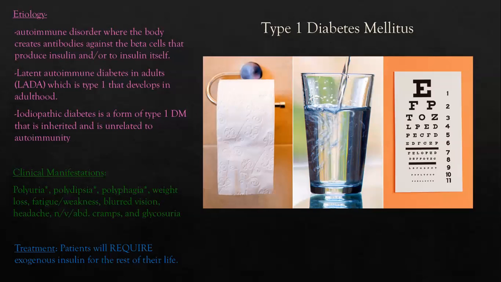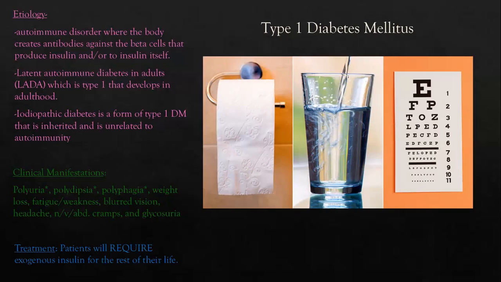This used to be known as juvenile diabetes because it tends to happen when people are younger. Then they found there is something called latent autoimmune diabetes in adults, LADA. That is type 1 diabetes that occurs later in life.